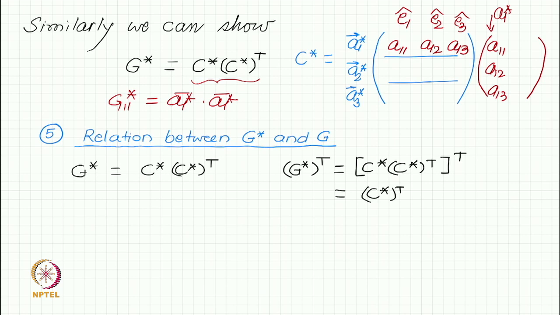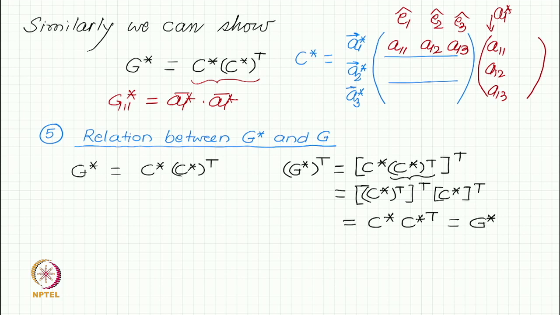So, the second matrix transpose will come first and the first matrix transpose will come second, but the second matrix was already transposed, C star transpose. So, that is why we are taking C star transpose. So, then again it becomes C star and this becomes C star transpose, which was G star.